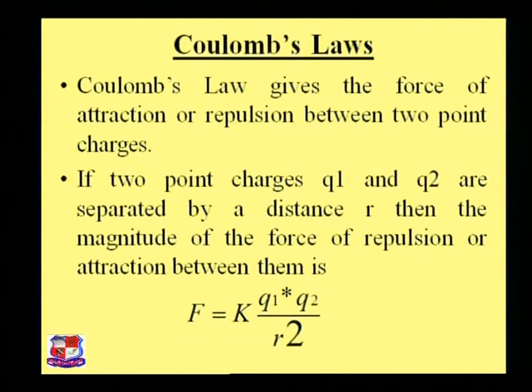To remove the proportionality, we keep a constant, K. So the overall equation becomes F equals K times Q1 Q2 by r square. Here Q1 is one point charge, Q2 is another point charge, and they are separated by the distance r.